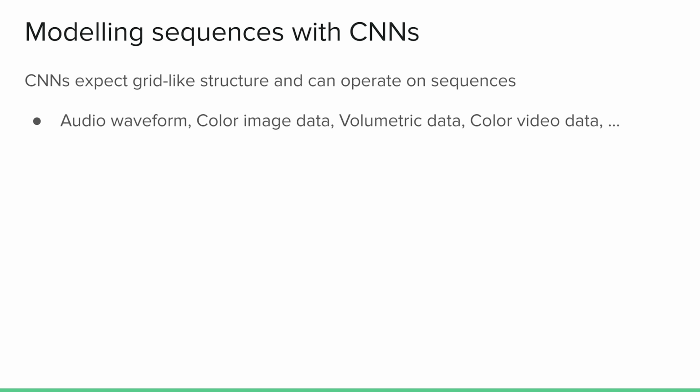Imagine a video. When you're processing a video, it can really help you to know what you did in the previous frame. But CNNs expect a grid-like structure and they can operate on sequences, but only in a limited way.